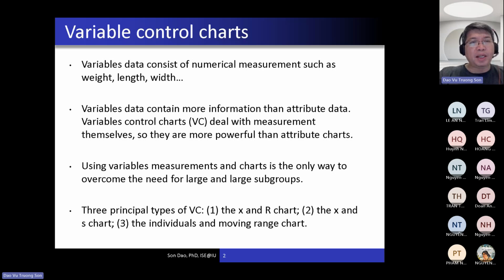Technically speaking, we have P chart, NP chart, C chart, U chart. Each of those charts try to work with one case. Either it can be to classify some event as conforming or non-conforming, good or not good, go or no go, or they will work to count the frequency of some events.